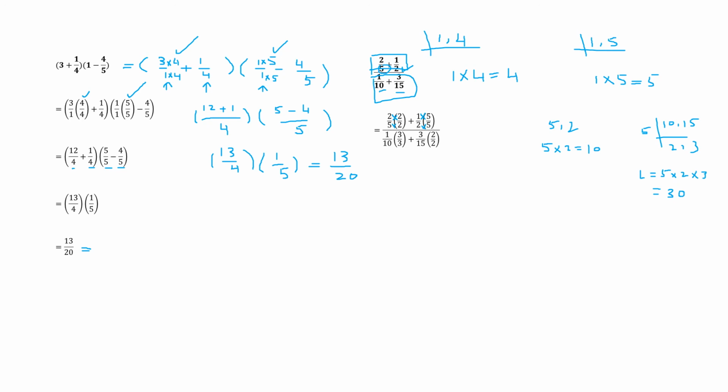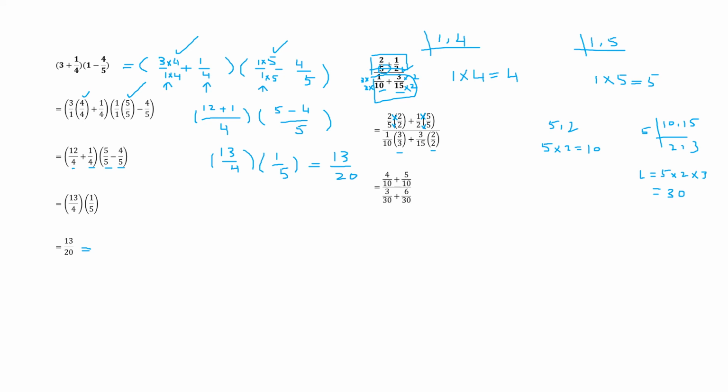Now 10 can be made 30 if we multiply this by 3, so we also multiply 1 by 3. 15 can be made 30 if it is multiplied by 2, similarly 2 will be multiplied in the numerator. So these things are because of that multiplication.